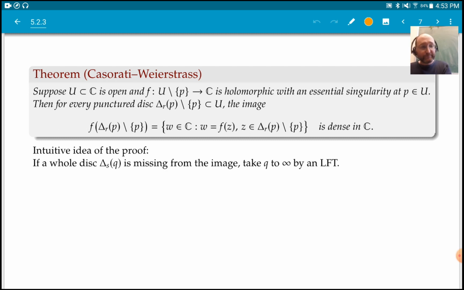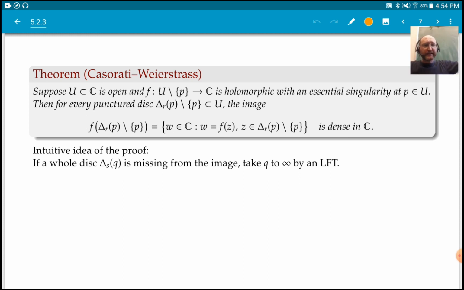So we can take that Q, the center of the disk, and let's just map it to infinity by an LFT, and then we're just gonna get that this missing disk is gonna be a neighborhood of infinity, and so the complement of that is just gonna be a disk, right?